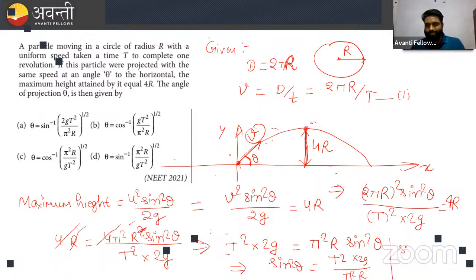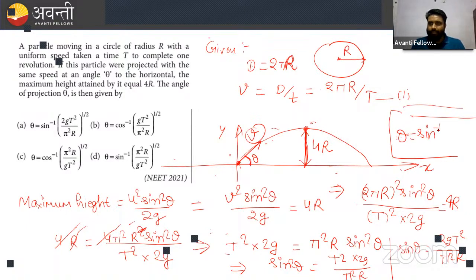So we would write sine theta is equal to 2g T square by pi square r. Now for the final answer, what is the value of theta? Theta here is sine inverse, sine को इधर लेंगे. Sine inverse of 2g T square by pi square r. So this is the final answer.